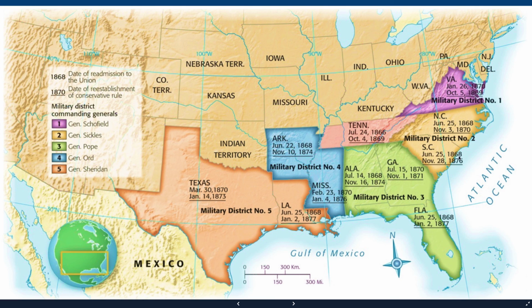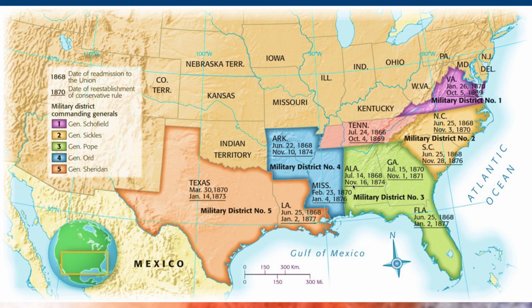North and South Carolina, 1868. 1868 for Florida. 1870 for Georgia. 1868 for Alabama. These states are really dragging their feet, okay? Texas, right? March 30th, 1870. They don't want to do it. And I think Texas was the last one to do so. But there you have it.